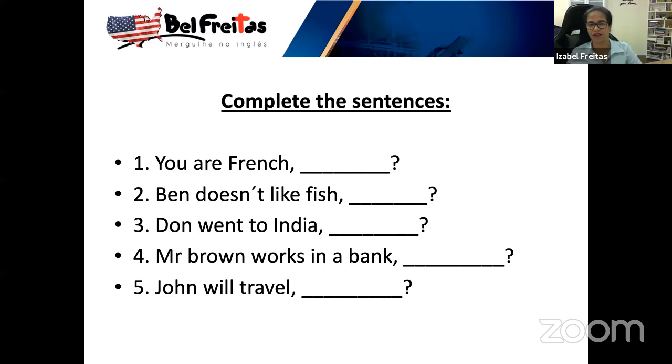While you think about more contributions, here I have an exercise for you. I'll give you some time to think about the answers, because the tag questions could be in any verb tense with any kind of verb with any auxiliary. Have a look at that. I'll give you some time while I check the chat.